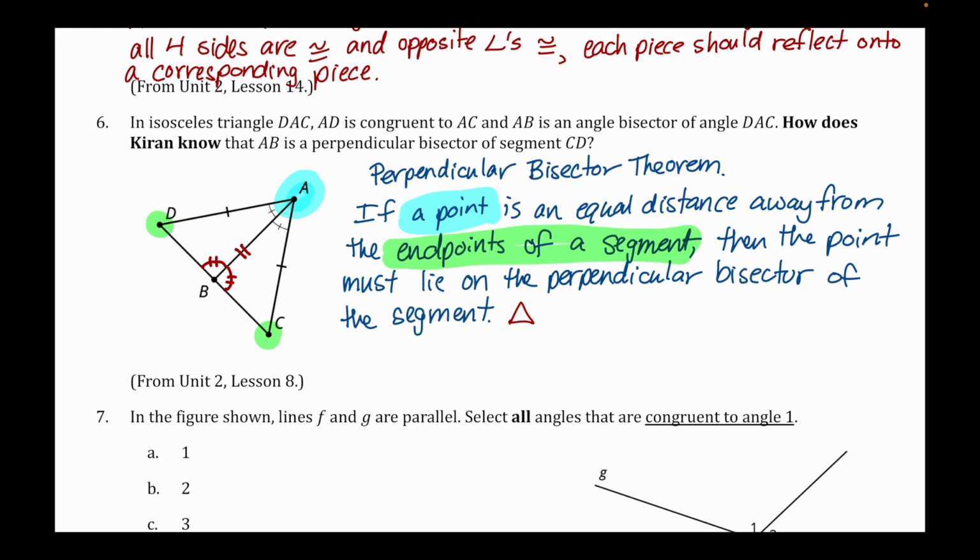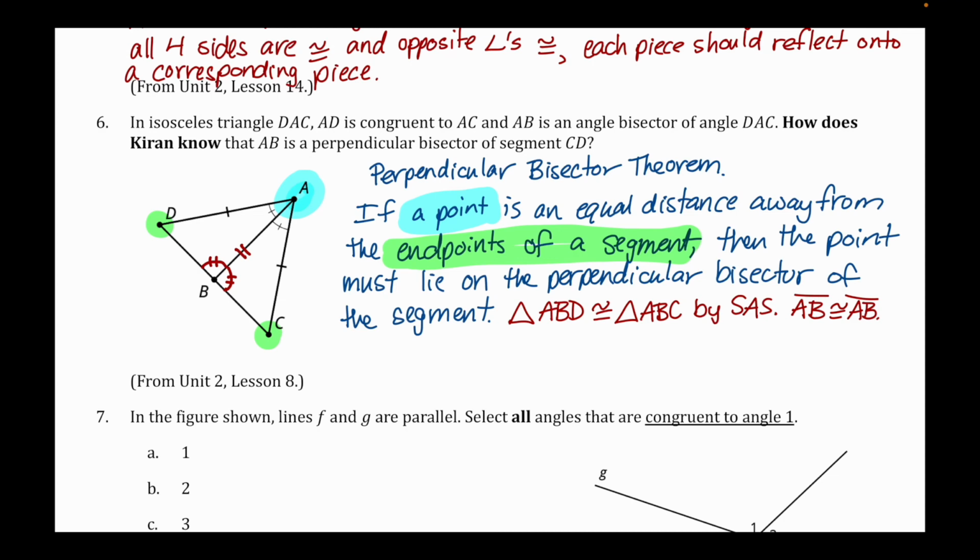So triangle ABD is going to be congruent to triangle ABC by side angle side. This is because AB is congruent to AB, so it's the same segment, plus we have the other marked things.